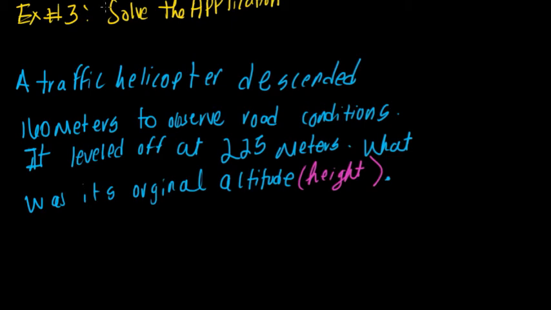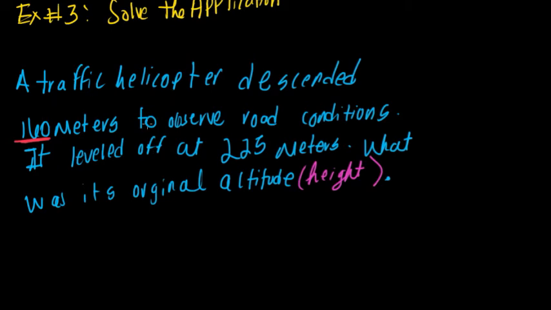Now we're going to actually convert this English into math so that we can understand this here. Well, it says a traffic helicopter descended, so that means it went down. So it went down 160 meters to observe road conditions. And it said it leveled off at 225 meters. So we want to know what was its original height.